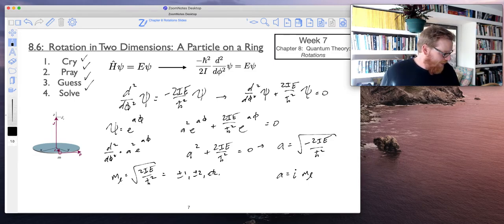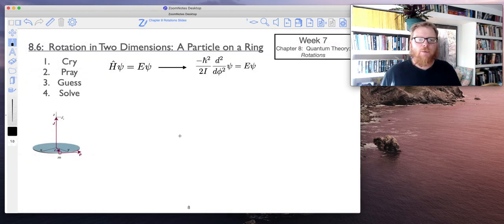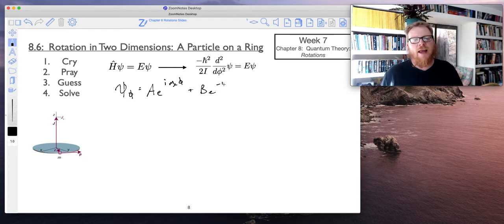Okay, let's see what's coming next. Oh, I've got a whole other slide. So now we can say that psi of phi, so we know that these are imaginary roots, is going to be some normalization constant a, e to the i ml phi, plus b e to the negative i ml phi.